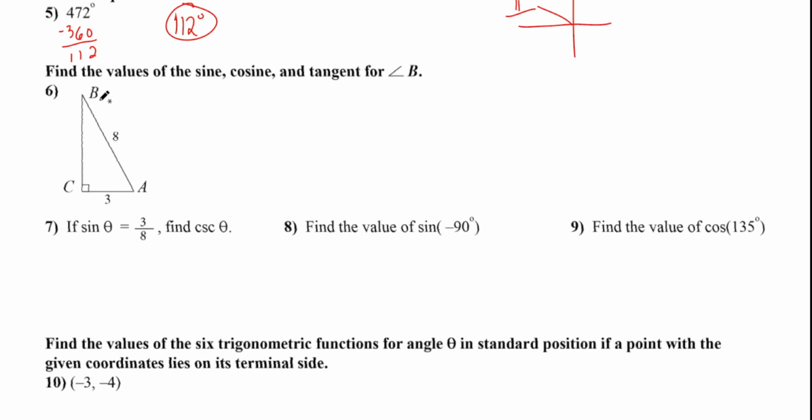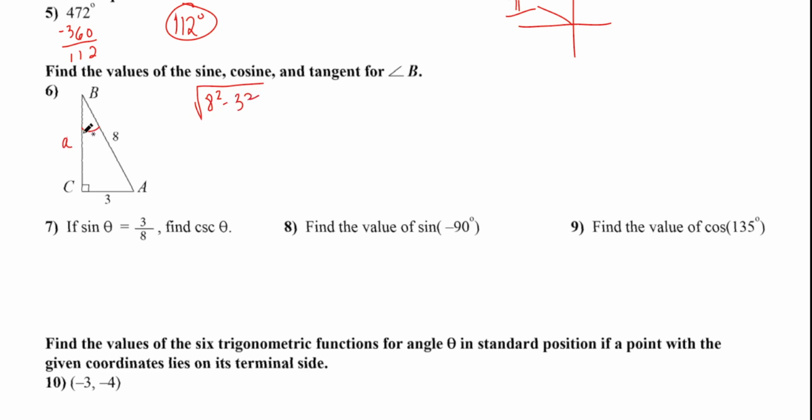All right. So this one right here, sine, cosine, and tangent for angle B. What would you have to do first, though? You're going to have to find this missing side, correct? So how would you find that missing side? Pythagorean theorem. So it eventually boils down to the square root of 8 squared minus 3 squared, isn't it?